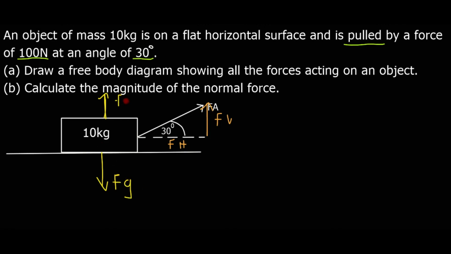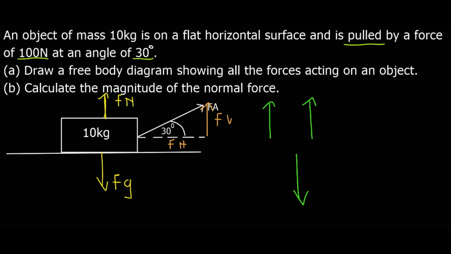Because we now have a component, and this component is an upward force, for this situation we have a normal force that is going up, and the vertical component, and then a downward force.